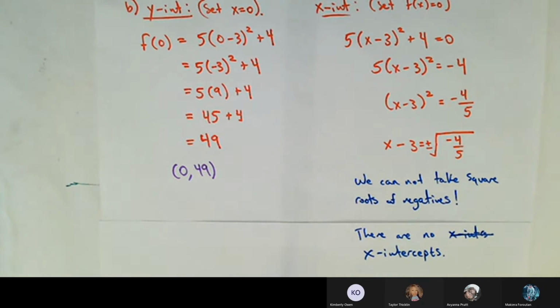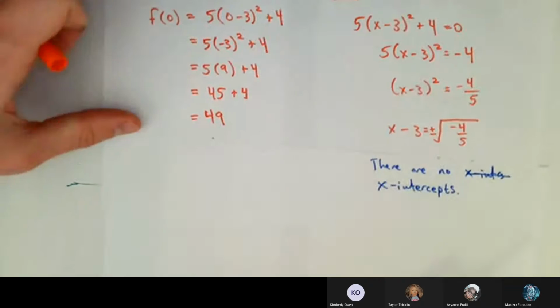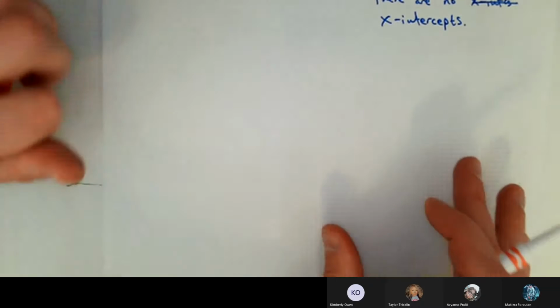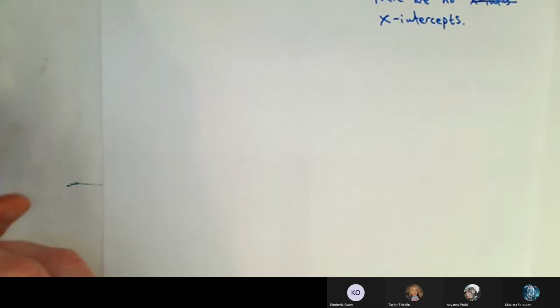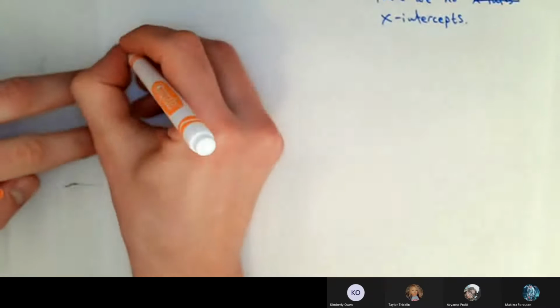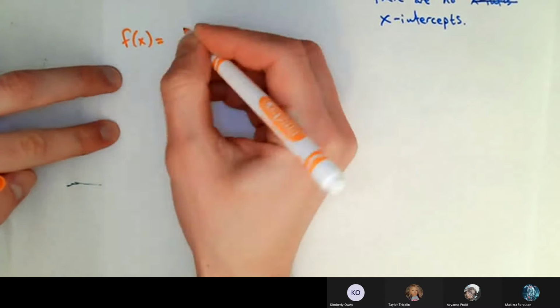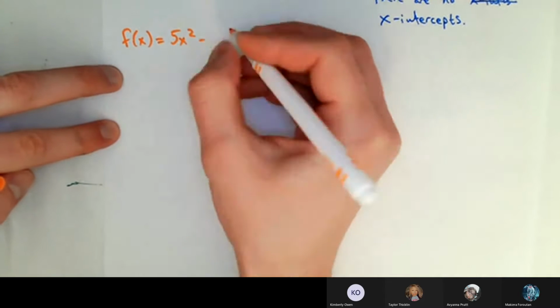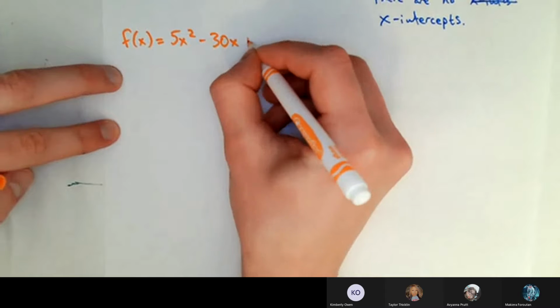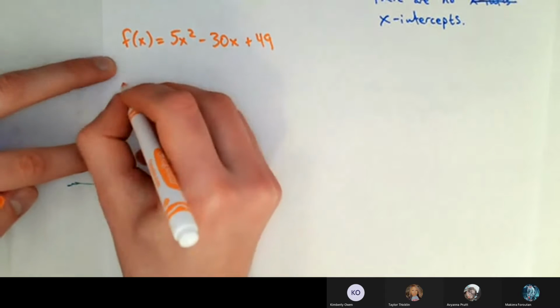Part C, I asked to find the maximum and minimum value. So let's see, what do we have so far? We have f of x in this form: 5x squared minus 30x plus 49. That was given to us.